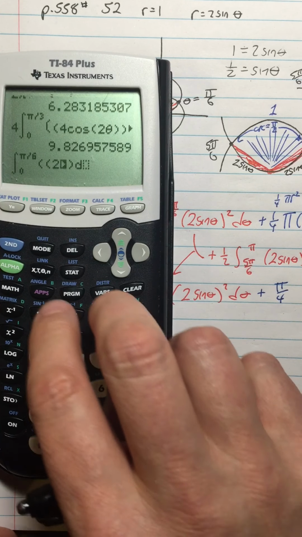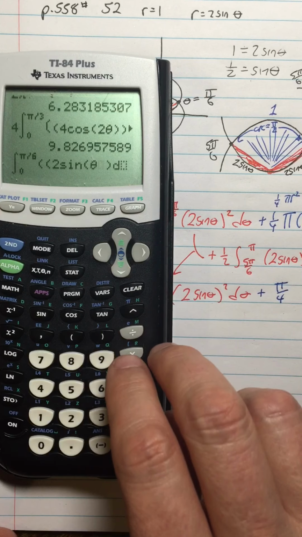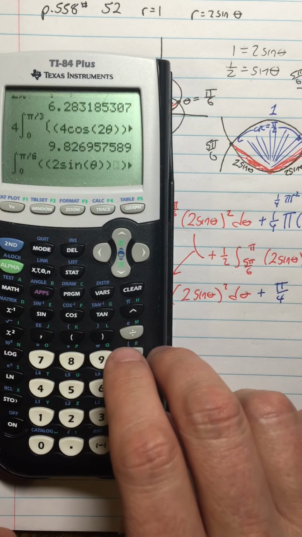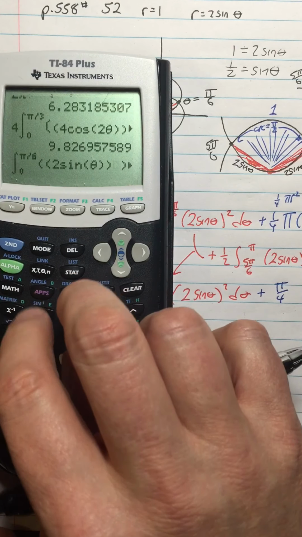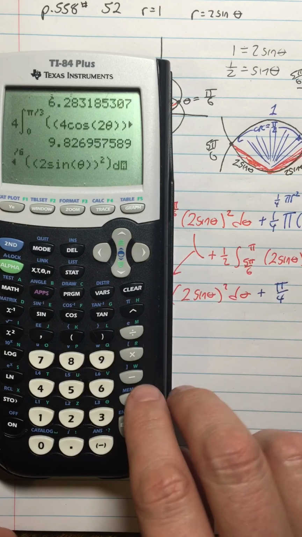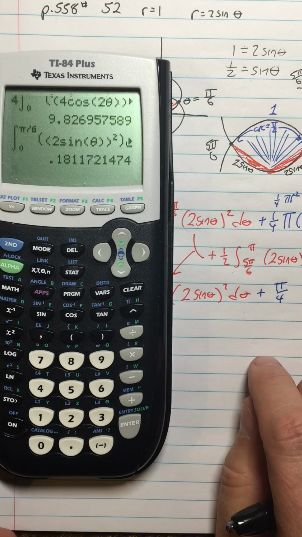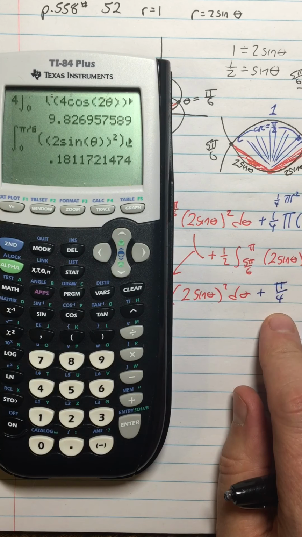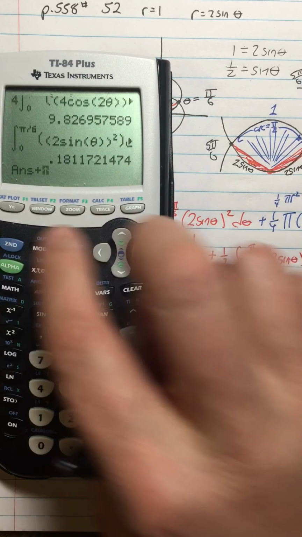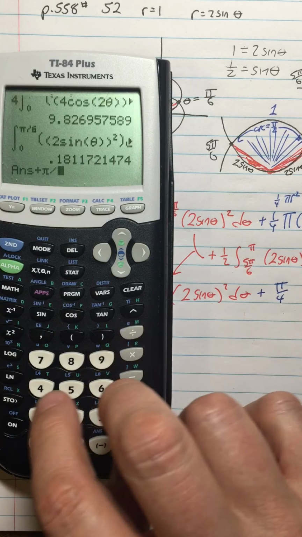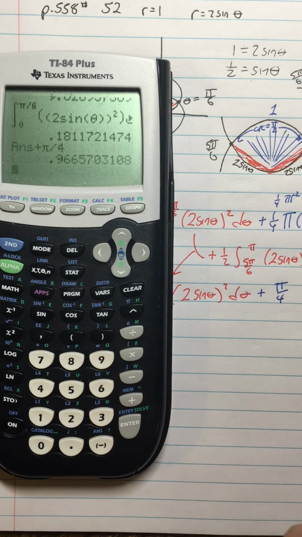Make sure you get your parentheses together here and in the right places and the right number. D theta. Enter, and I get 0.181, but I have to add the pi over 4, so plus pi over 4. I could have put that in at the beginning, but I basically forgot it.